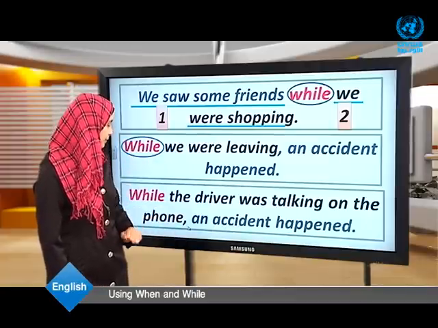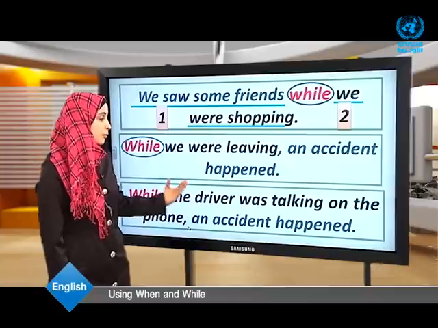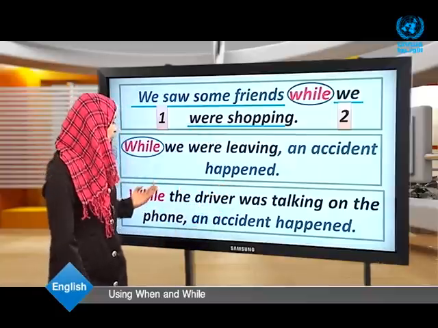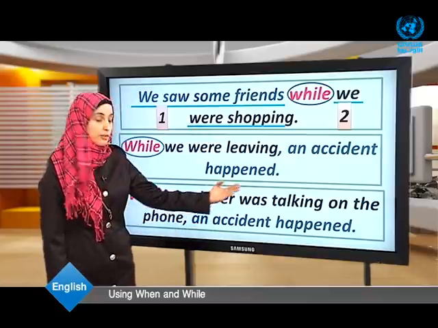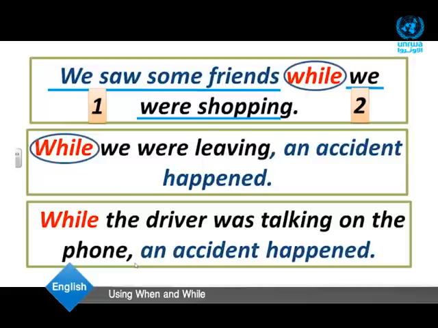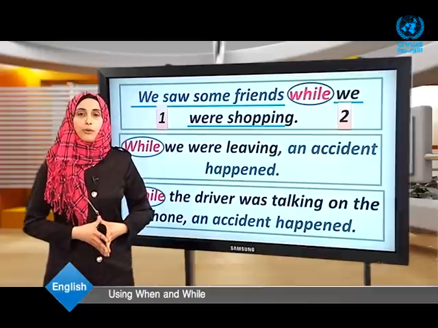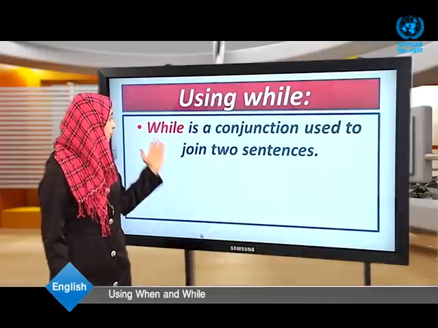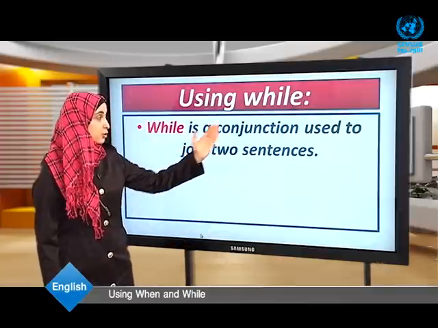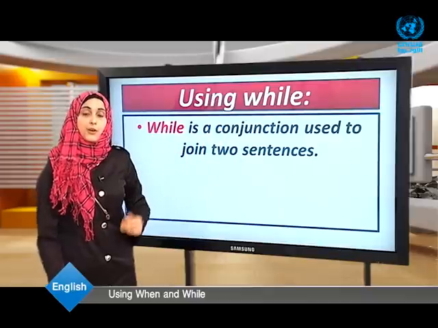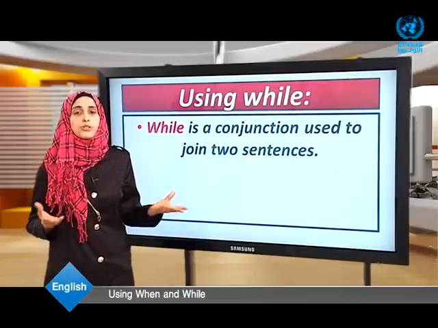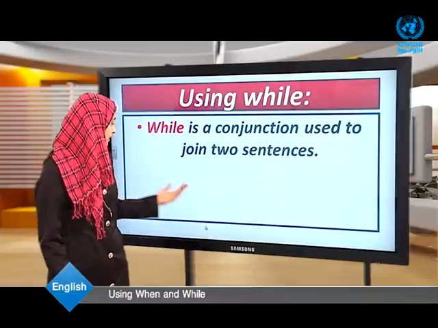Now the last example, while the driver was talking on the phone, an accident happened. Again, while the driver was talking on the phone, an accident happened, and here we use while at the beginning of the sentence. So, what can you tell me about while? Good. While is a connector, a conjunction used to join two sentences.